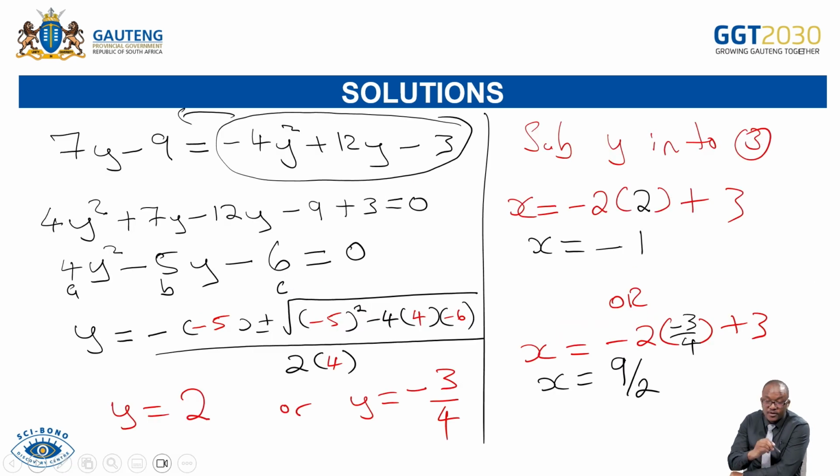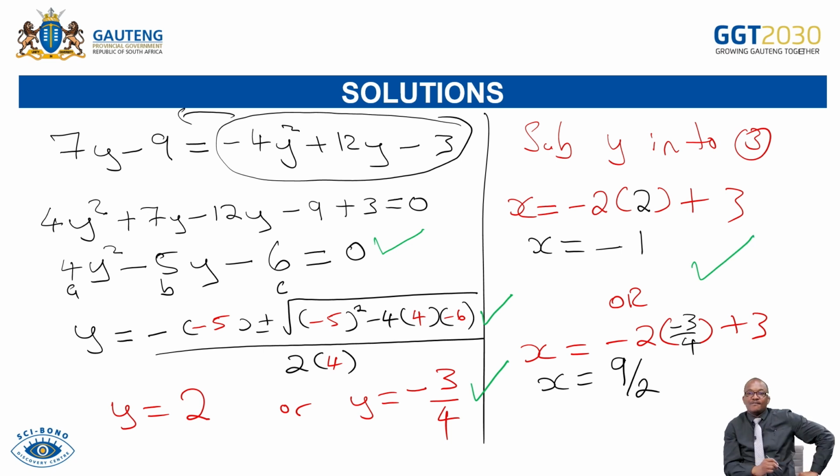Then after you have simplified everything to arrive at the standard form, there is another mark. Then either you factorize or use the quadratic formula, you get another mark there, another mark for the y values, and another mark for the x values. So that's where marks will be allocated in this type of question.